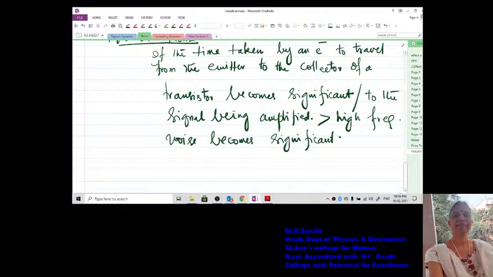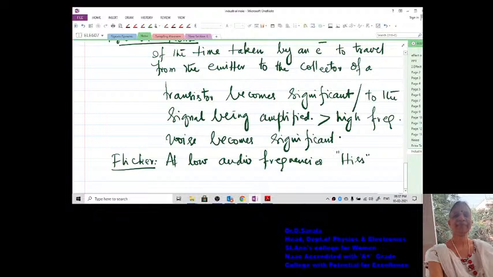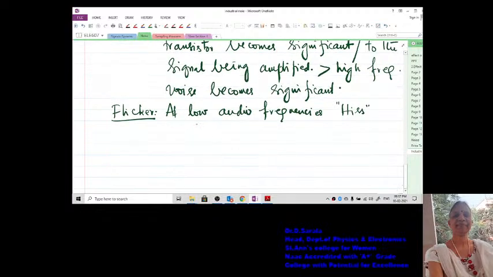Another noise we talk about is flicker noise. It occurs at low audio frequencies. You must have seen this in audio systems, the hiss sound you hear whenever you change between two stations, between two frequencies.